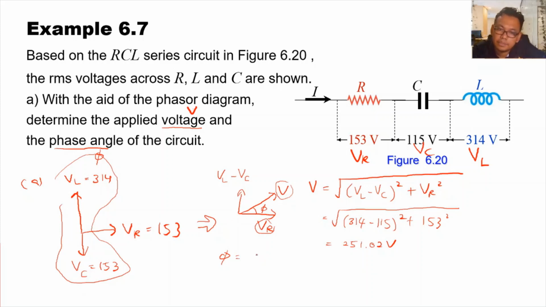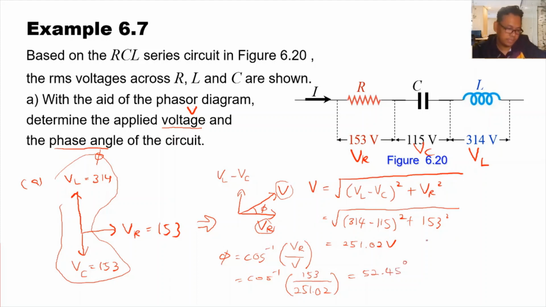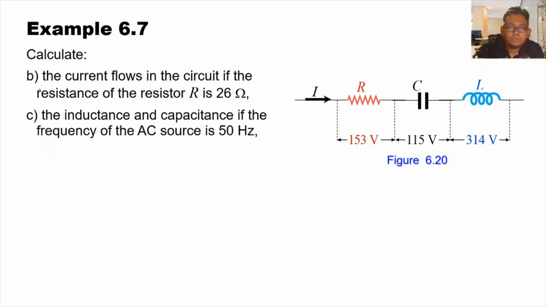Adjacent and hypotenuse, so we use arc cos of VR divided by V. We substitute 153 divided by 251.24, and we get the value 52.45 degree.